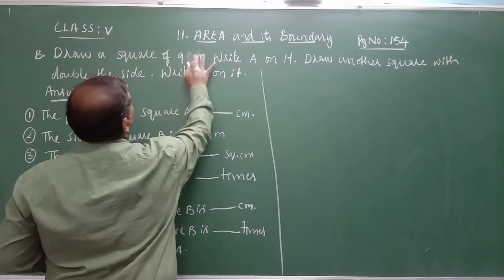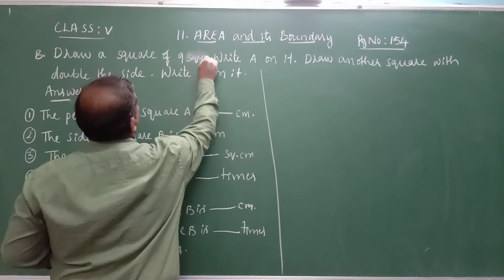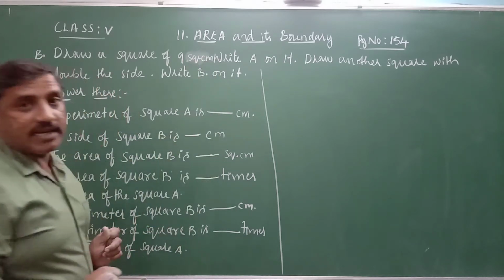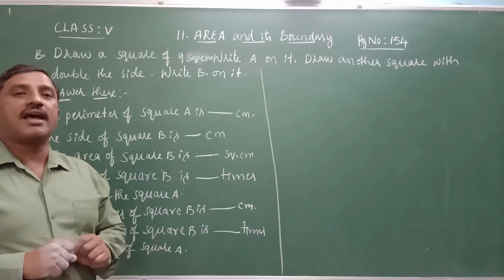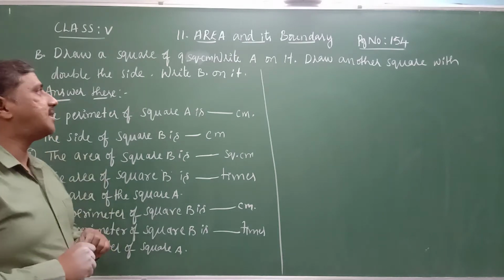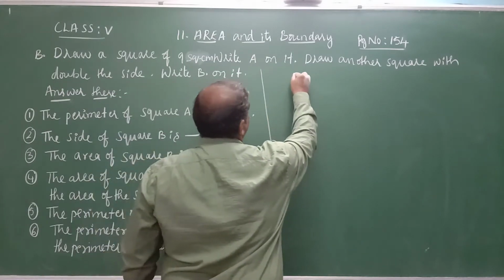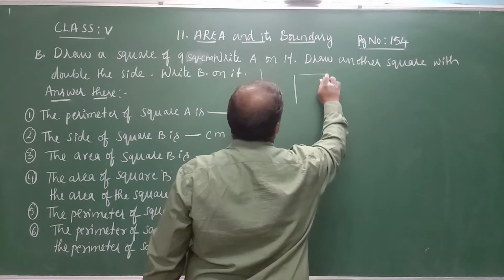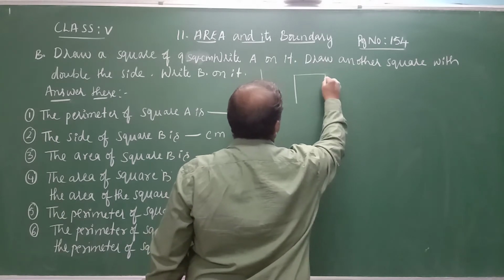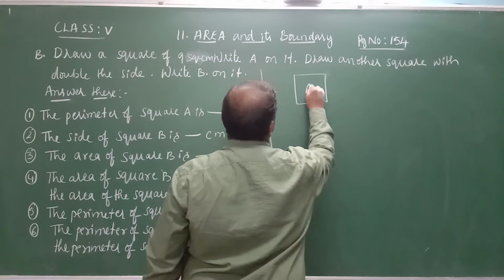It means the area of that square is 9 square centimeters. Draw one square and write on it: let this be a square with area 9 square centimeters. And take this as A.